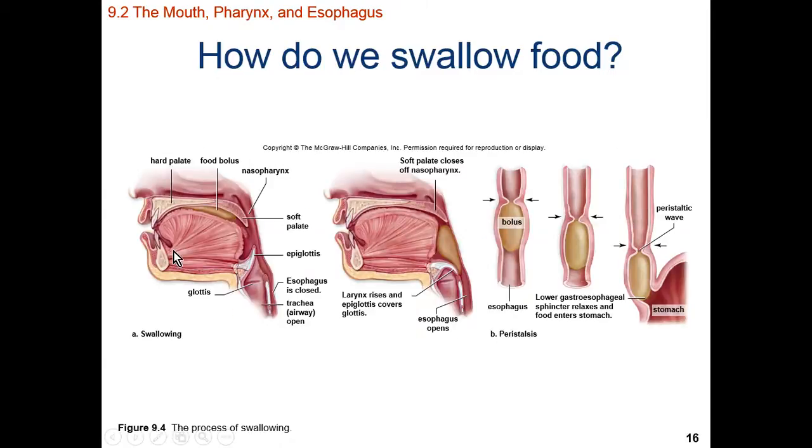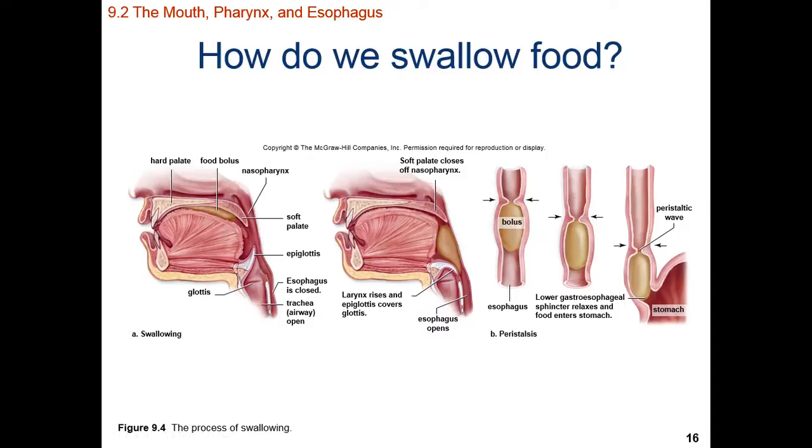Here we can see in this diagram the voluntary phase where we take the bolus and move it back to the pharynx. The involuntary phase is going to involve this flap folding down and covering up the opening to the larynx or the voice box. And then the bolus will continue posterior down to the esophagus.